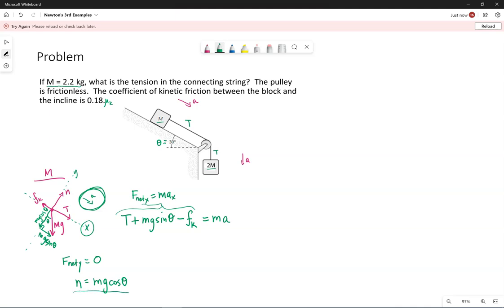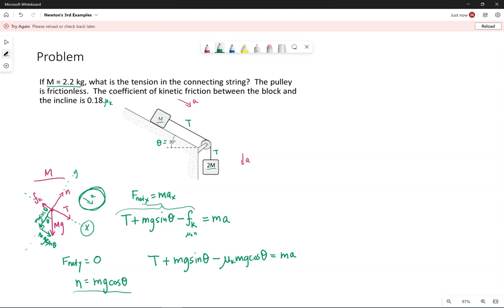The normal force I know comes into play with the force of friction, because the force of friction is always the coefficient times the normal force. So I'm going to go ahead and plug that in, and we can just see where we're at. So tension plus mg sine theta minus mu mg cosine theta, that all needs to equal ma.